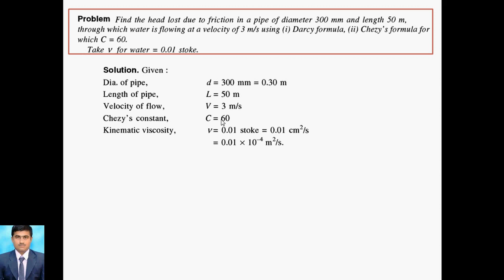Then kinematic viscosity is 0.01 stoke. Already we mentioned here, take nu for water, that is 0.01 stoke. For conversion from stoke to meter square per second, we multiply by 10 raised to minus 4. So kinematic viscosity is equal to 0.01 into 10 raised to minus 4 meter square per second.